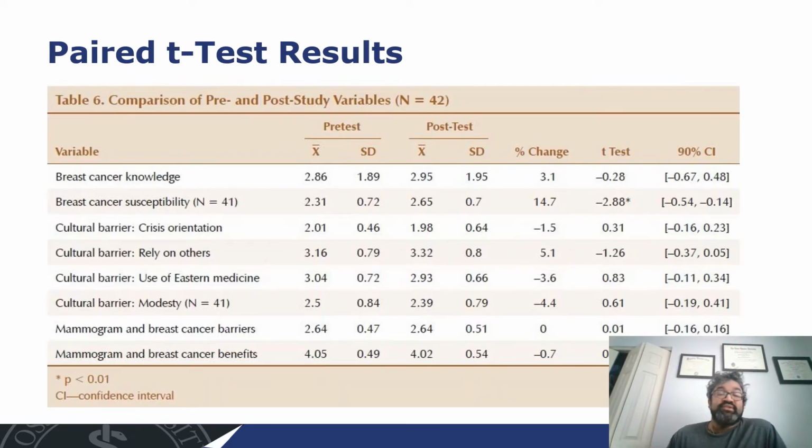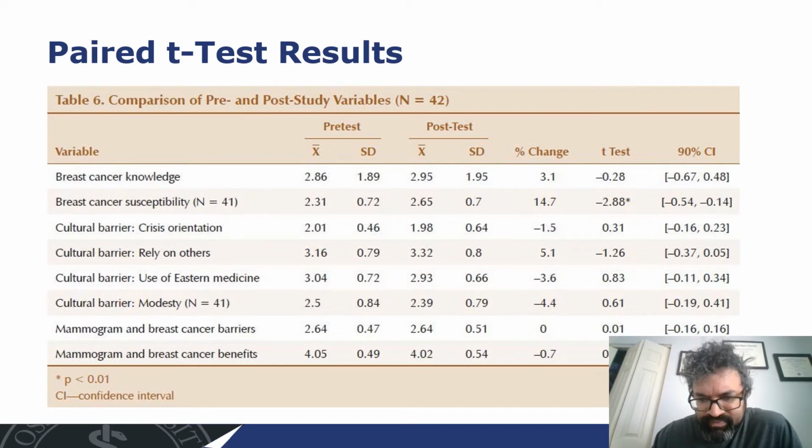So here's a comparison of pre and post test, post study variables, and this was the t-test that was used, and not too many were statistically significant, but breast cancer susceptibility, in fact, had statistical significance. Nonetheless, a lot of these examples are quite interesting.